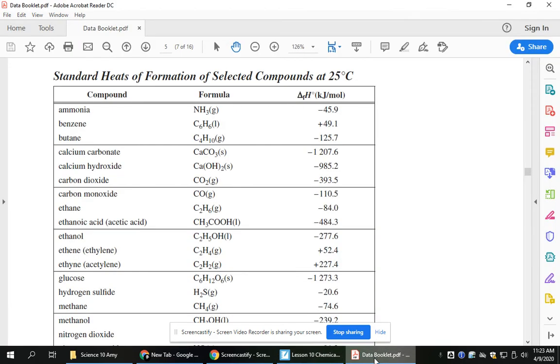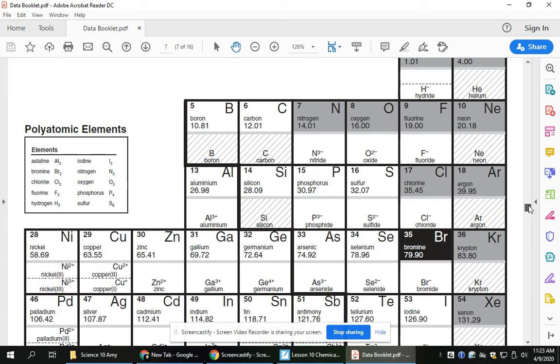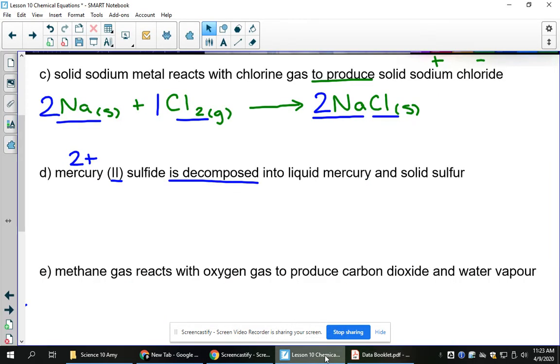Looking now for sulfur on my periodic table, I see that sulfur has a charge of -2. So these 2's have already balanced. So I'm just going to write mercury sulfide without any numbers because they're balanced.